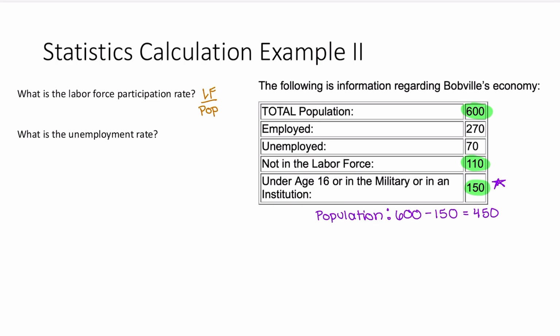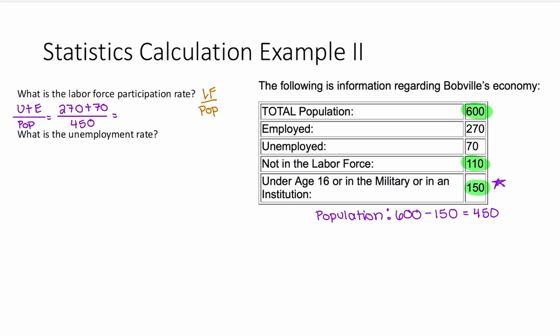So then our labor force is going to be our unemployed plus our employed over our population. So we have 270 plus 70 divided by 450.